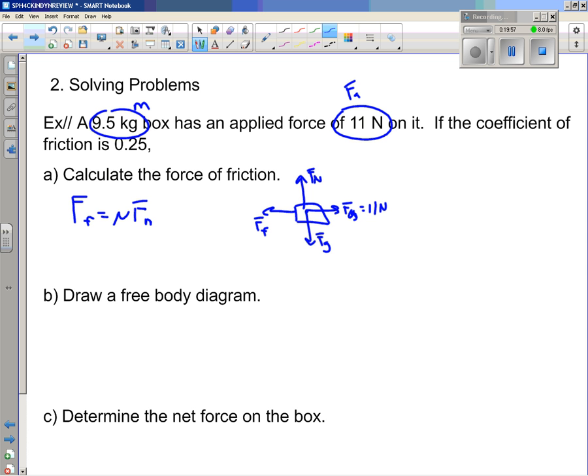So let's expand this a little bit and get the force of gravity. It's a little small, but I'm going to try and squeeze it in here. That's equal to m times g, which is equal, in this case, to 9.5 kilograms times 9.81 newtons per kilogram.